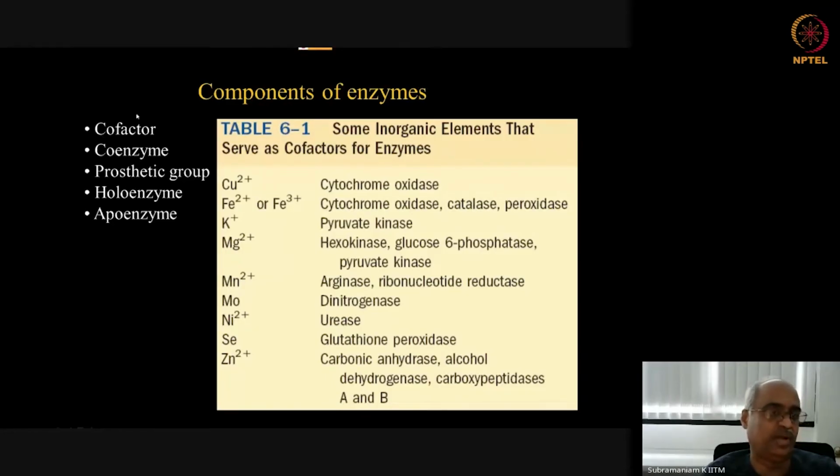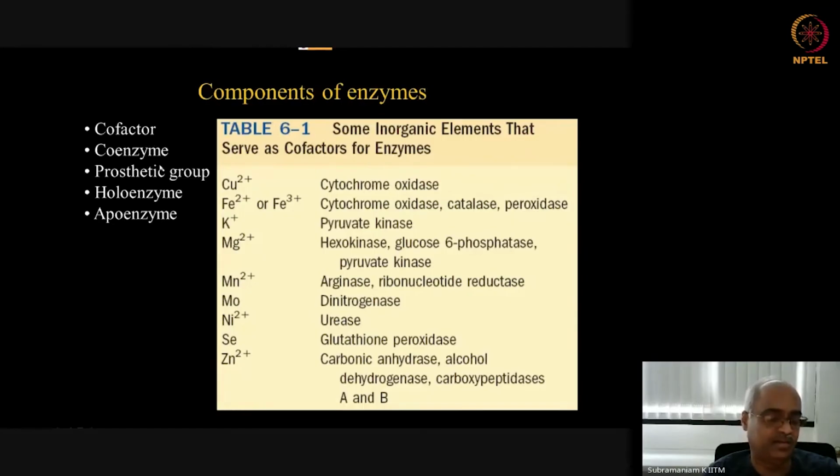The cofactor is usually a metal ion, like the ones listed here with respect to the enzyme in which you find them. And sometimes such non-amino acid moiety present in enzymes can be small organic molecules, and they are called coenzymes.